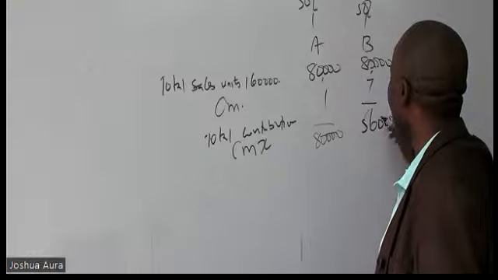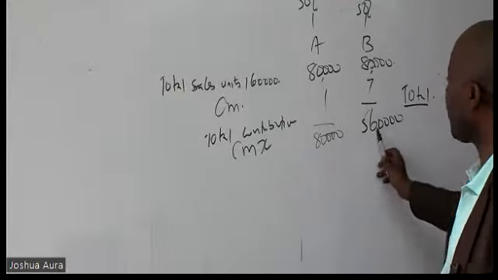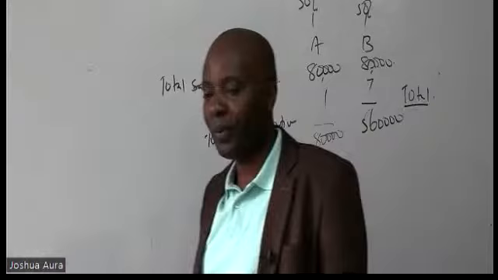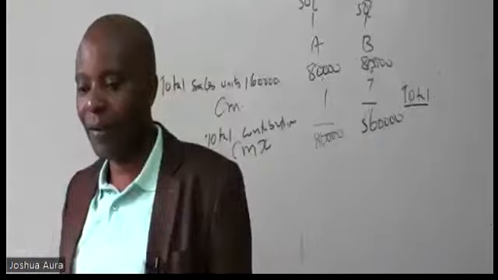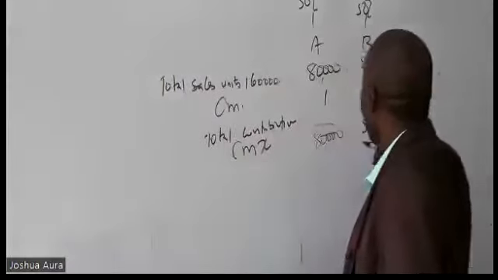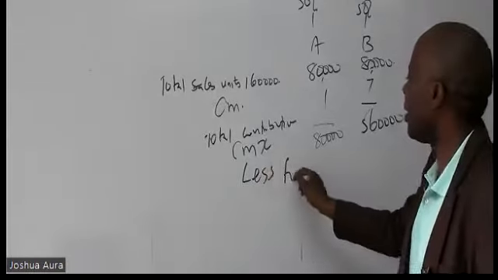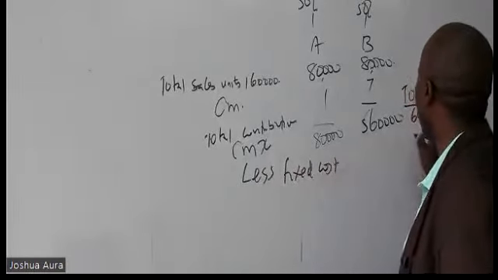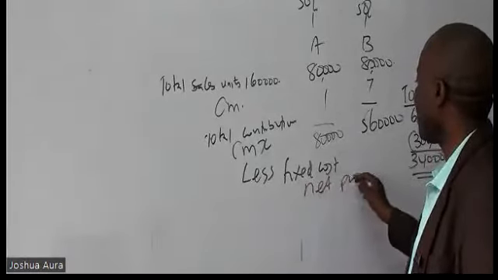So the total here, 80 plus 560 gives me what total? So this will be 640. Less fixed costs. 300,000. So this is the net profit.